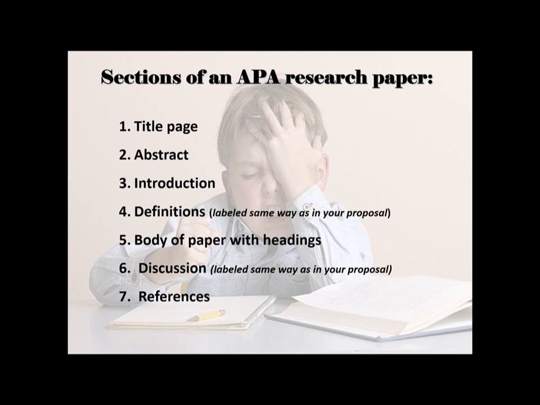If you notice, if we're comparing this to the proposal, there is no expected results section at all. And there is no literature review at all. The literature review is going to get replaced with the body of the paper. So element number 5 here is where you're finally going to be writing your content about causes, symptoms, treatments, stuff like that.